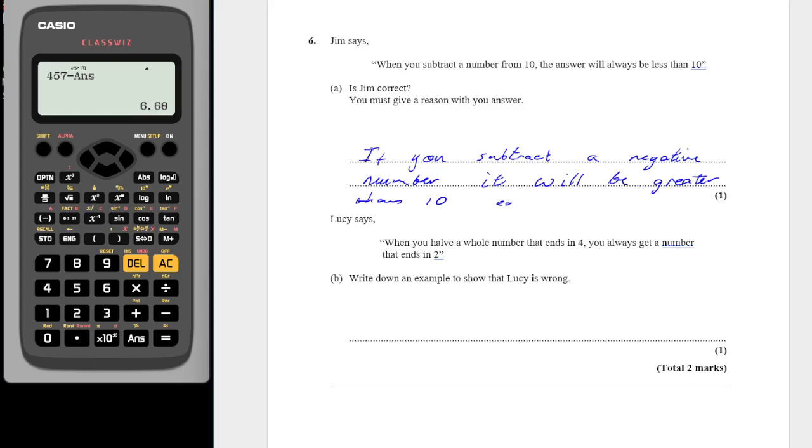And I'm going to put an example, e.g. 10 take away negative 2 would be equal to 12.